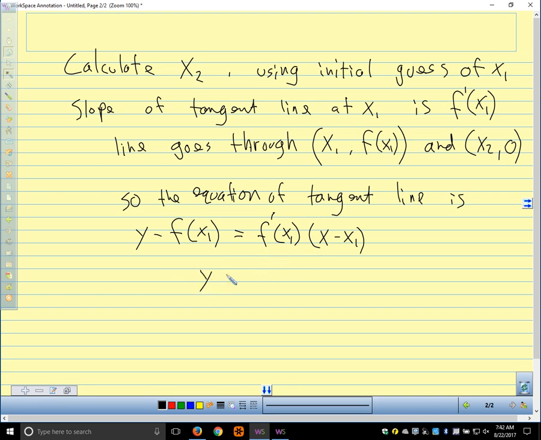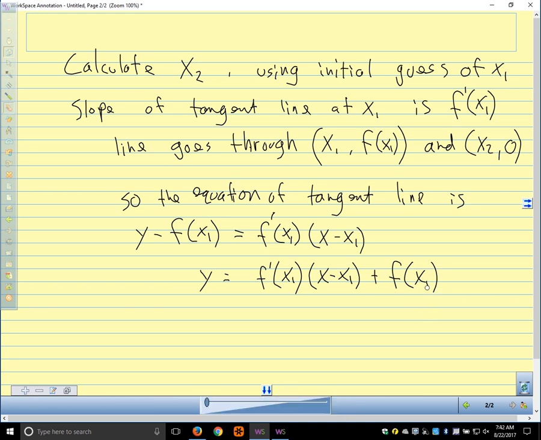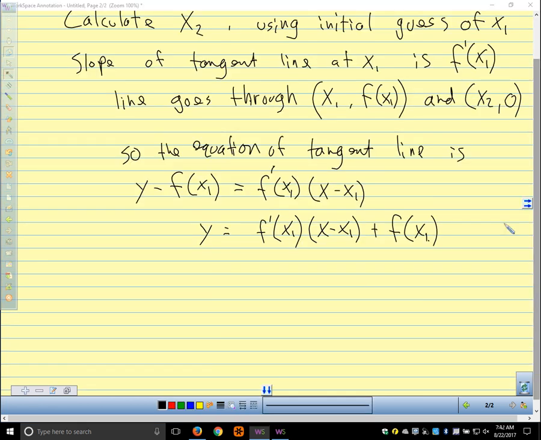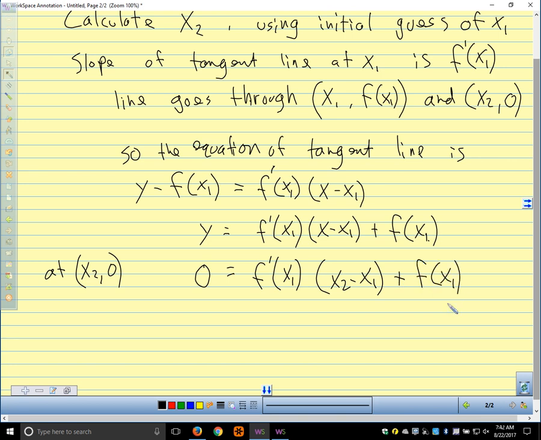I'm going to say y equals f prime x1, x minus x1, plus f of x1. Now we're going to substitute at x2 comma 0: 0 equals f prime of x1, x2 minus x1 plus f of x1. And we solve for x2.